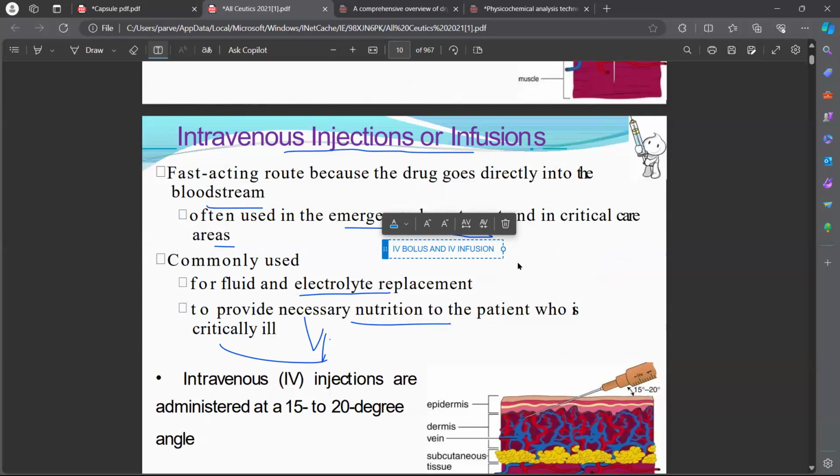In IV bolus, the dose is administered at once. For small volume parenterals, IV bolus is used, and for large volume parenterals, IV infusions are used, where in IV infusion a constant amount of drug is administered every time.